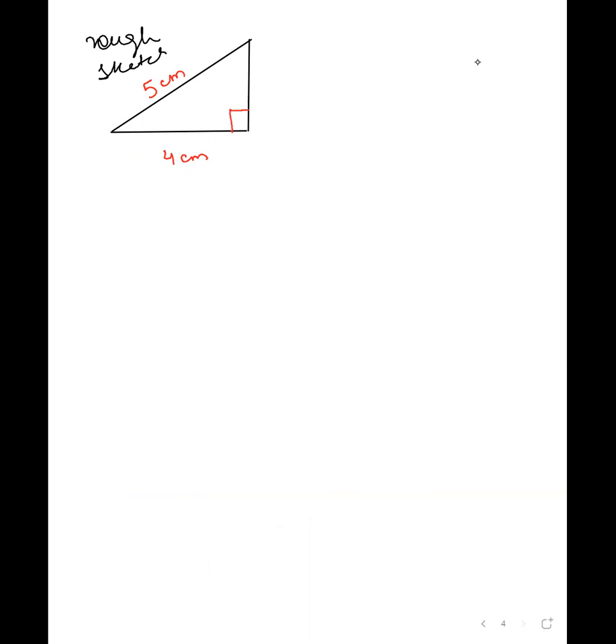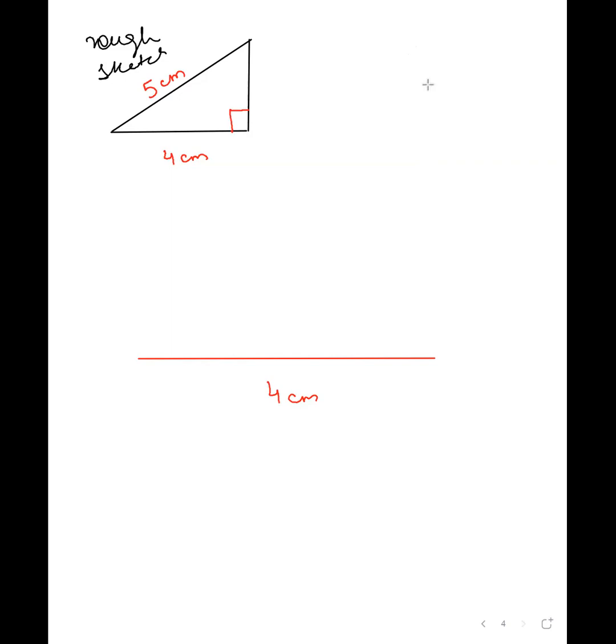Now first of all, we will use our scale. We will measure 4 centimeters and write 4 centimeters over here. Now, let me use some other color. We will draw a 90 degrees line.